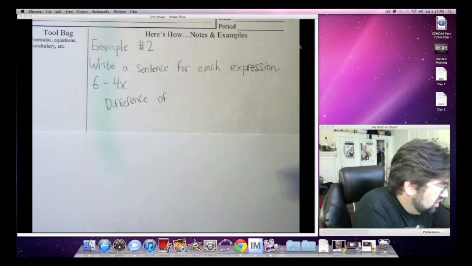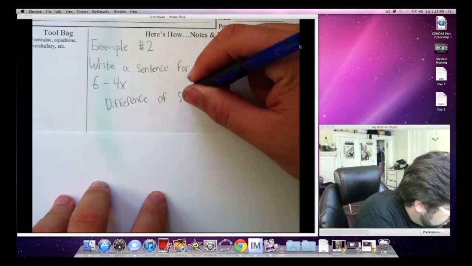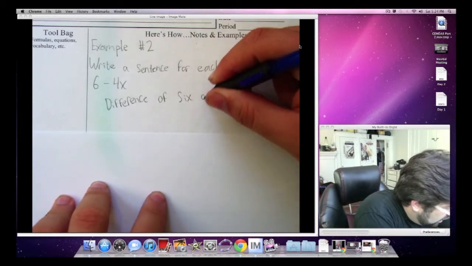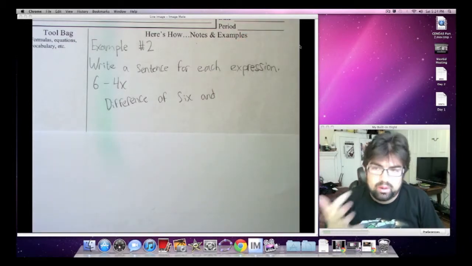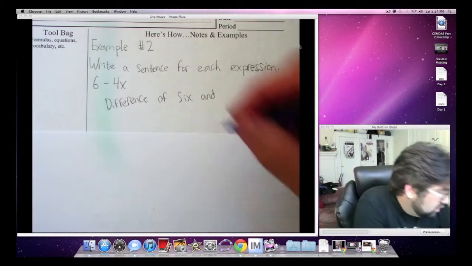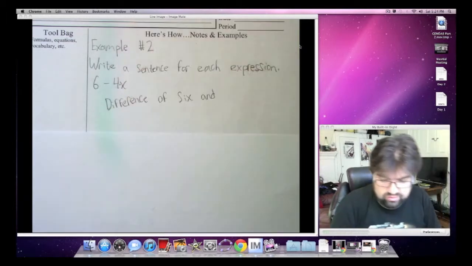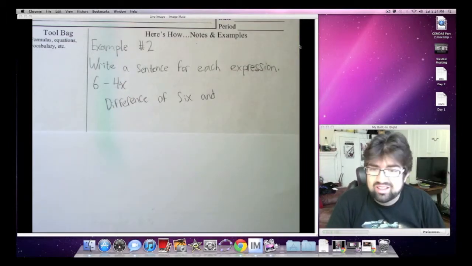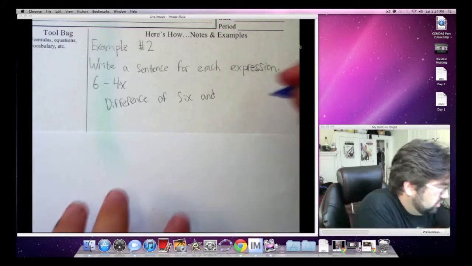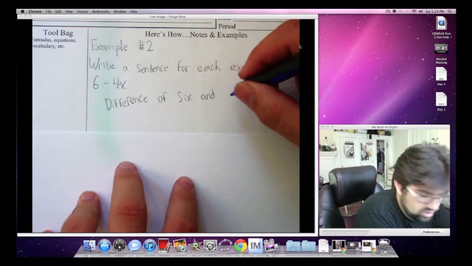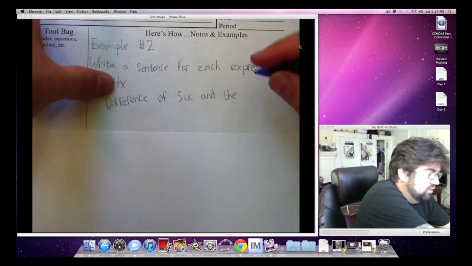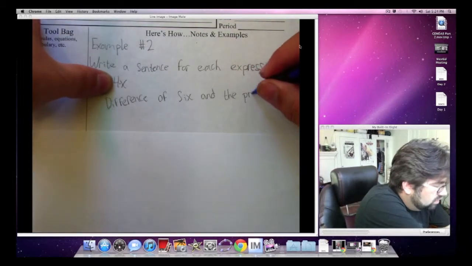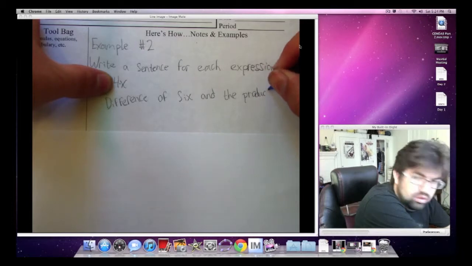I have 6 and, well, it's not just 4. It's 4 times x, which product is a great word. So difference of 6 and the product. So now I'm just looking at this part. Right?